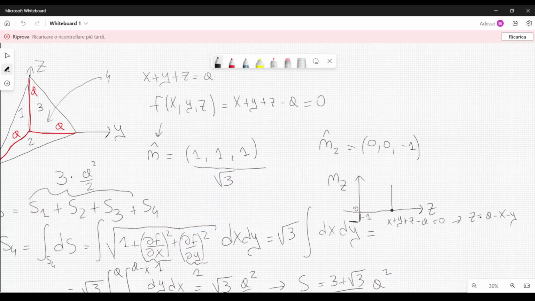So it also depends on x and y, of course, because if you are at the point 0, 0, 0 and you go up, you're going to reach the point a here. So the normal at the point a will be 1 over square root of 3, the z component of the normal. Whereas, for example, if you're at this point will be the point 0, a, 0, right?